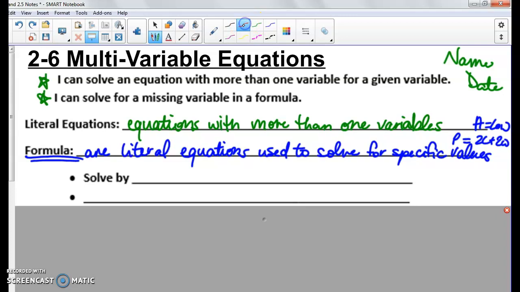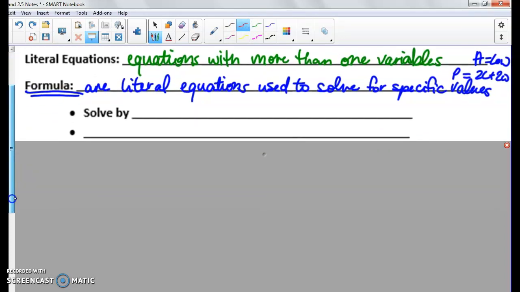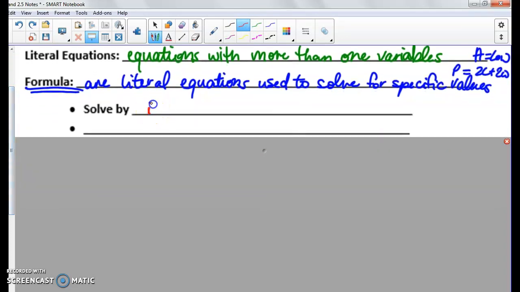Now, we look at how we're going to solve these. So once again, we're going to solve by isolating the variable. When we isolate the variable, that means we have to get it by itself, get it all alone.